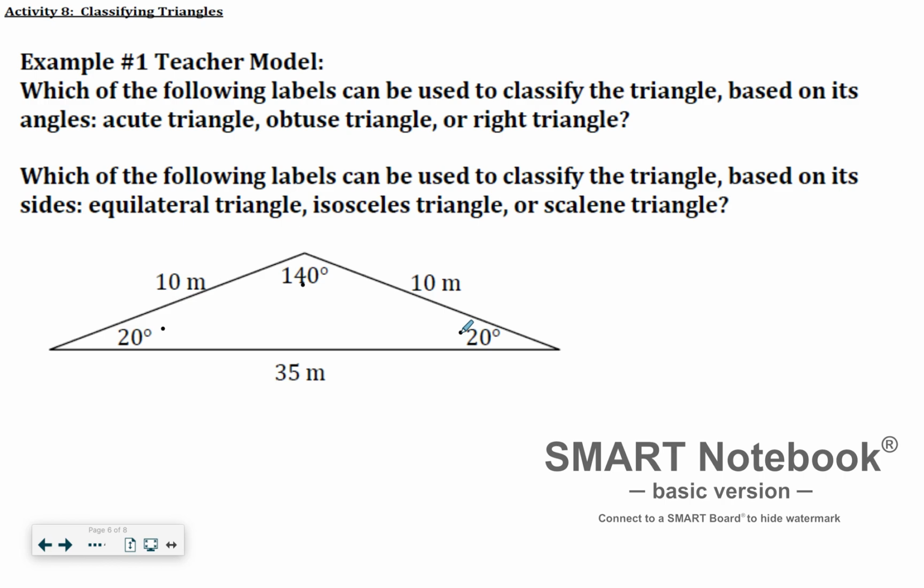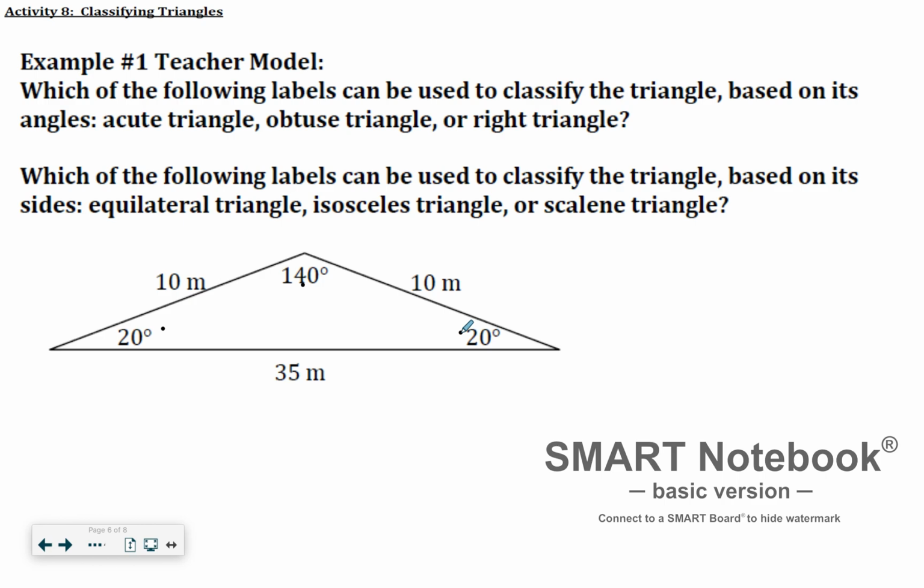Is this an acute, obtuse, or right triangle? These words, acute, obtuse, and right, we have seen before, and they refer to the size of an angle. The same holds true when we are using them to classify a triangle. An acute triangle has all acute angles. An obtuse triangle has 1 obtuse angle and 2 acute. And a right triangle has 1 right angle.